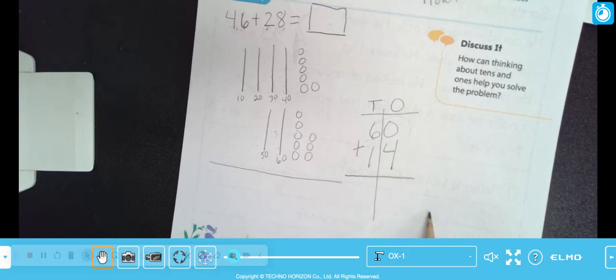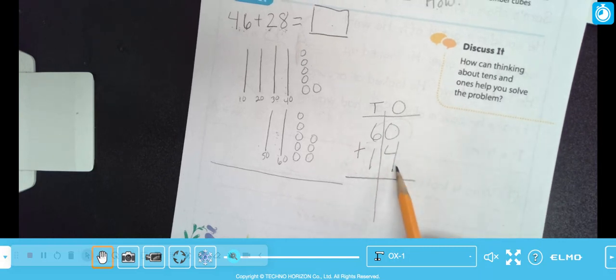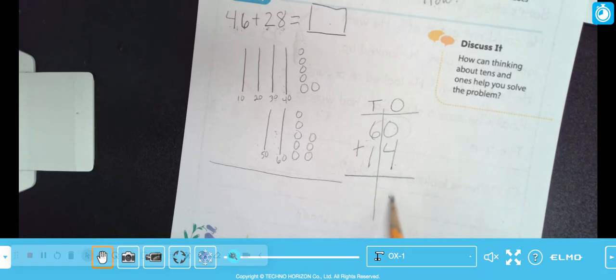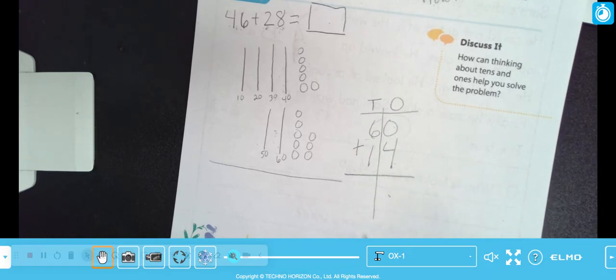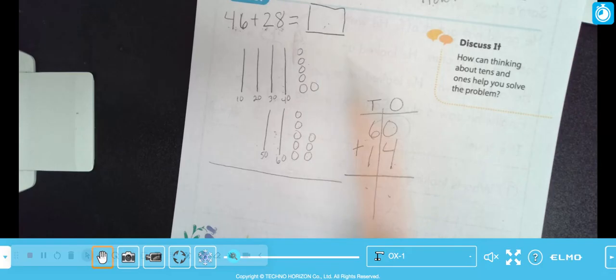Now we're going to add them together. 0 plus 4. Write the answer here. Now 6 plus 1. Write the answer here. What is the two-digit number you got? That's the answer. Write it there, okay?